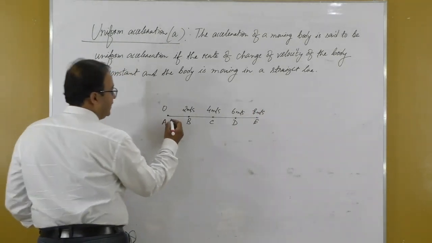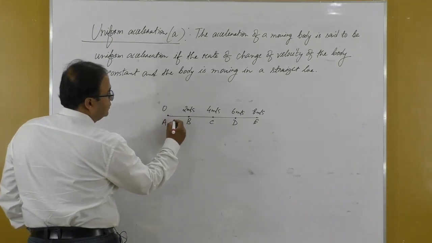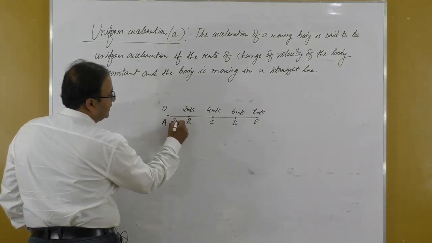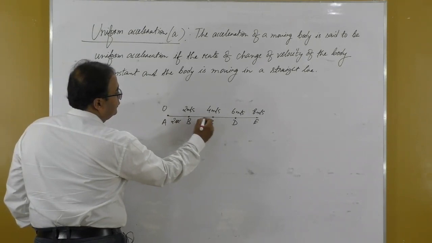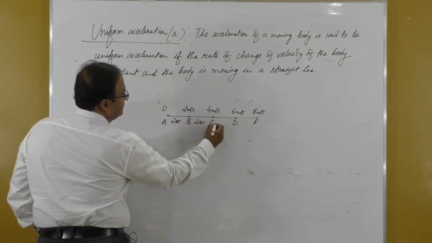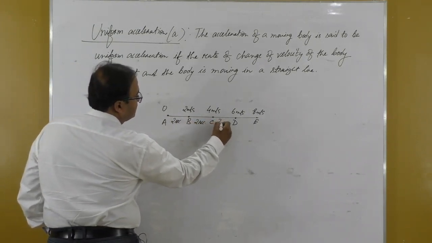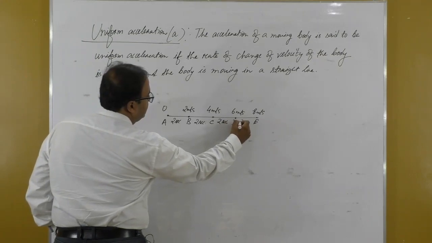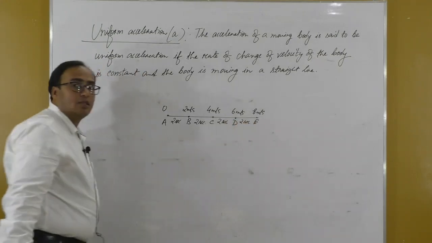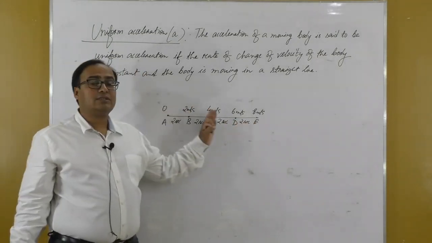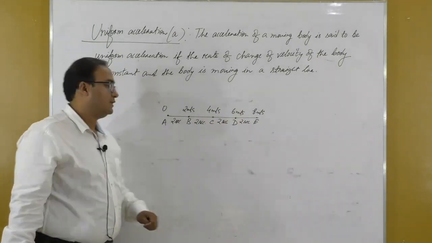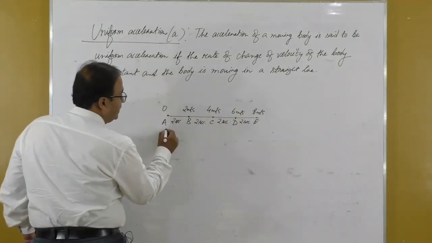Now look at the time taken here. From 0 to 2, suppose the time taken is 2 seconds. Then 2 to 4, again 2 seconds. Then 4 to 6, 2 seconds, and 6 to 8 also 2 seconds. So with respect to time, the velocity keeps on increasing. Now look at the acceleration in each part.